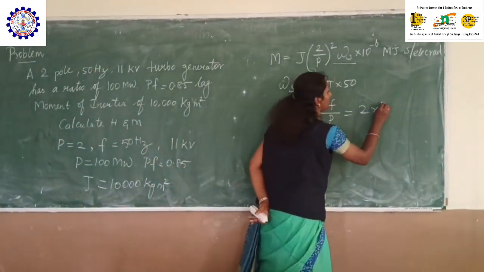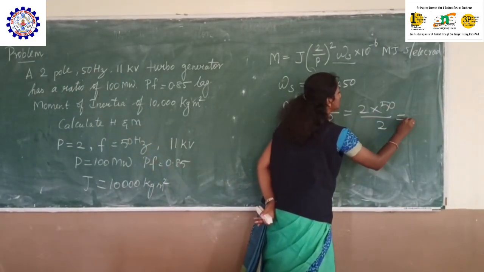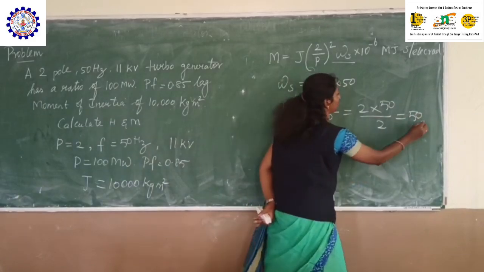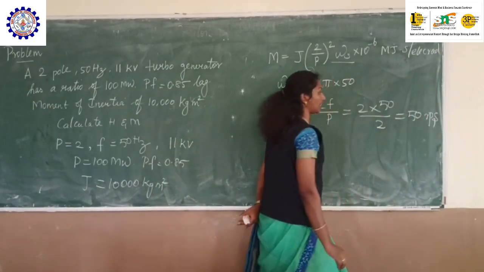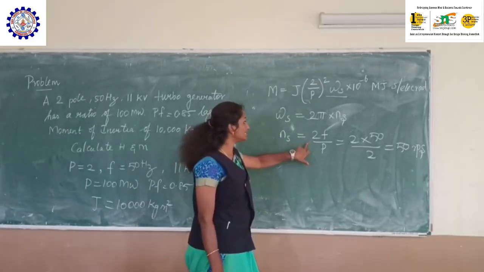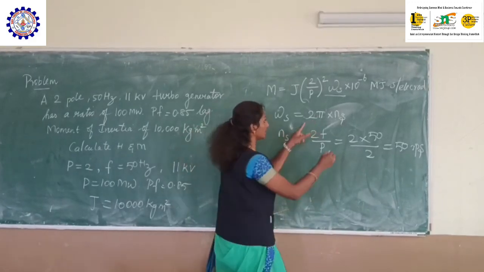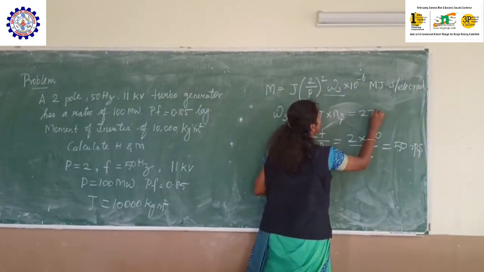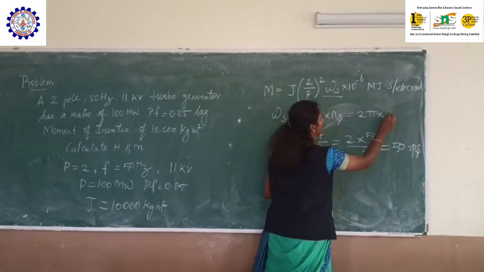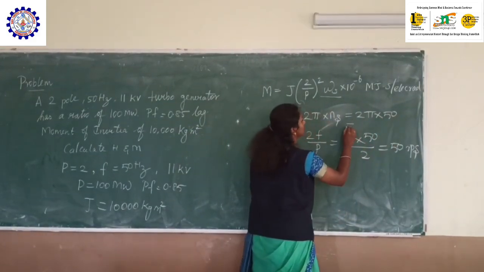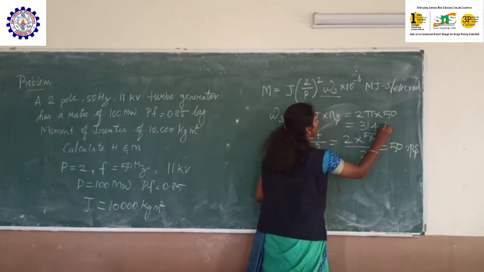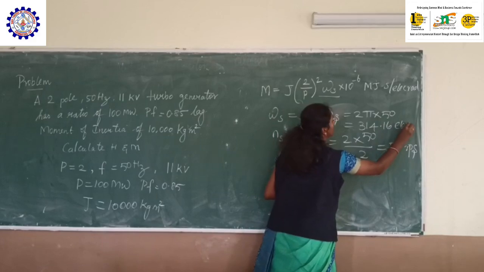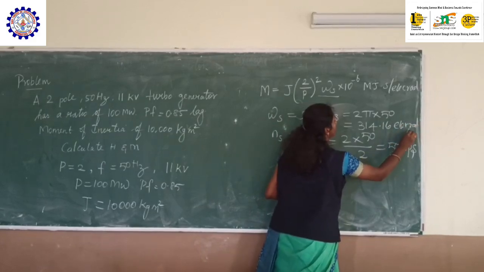So 2 into 50 divided by number of poles will give us 50 rotations per second. With this Ns, we calculate omega s, where we substitute 2 pi into the value of Ns, which is 50, which will give us 314.16 electrical radians per second.